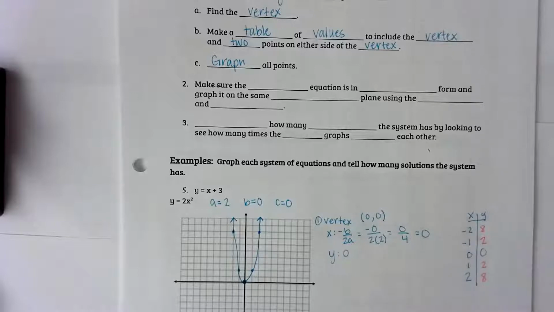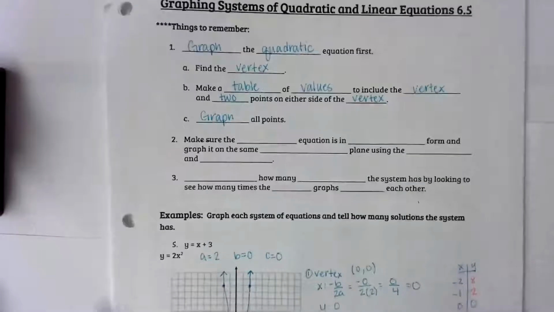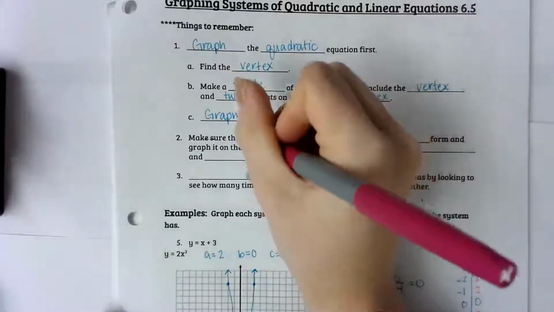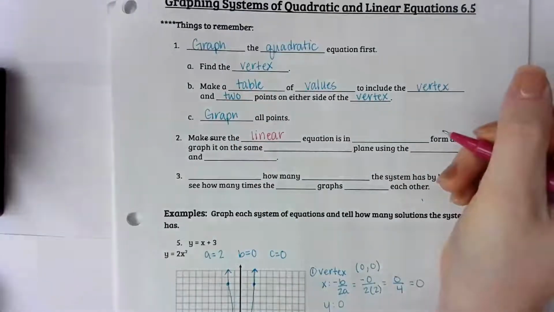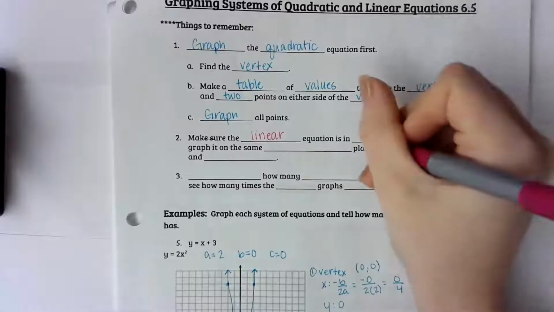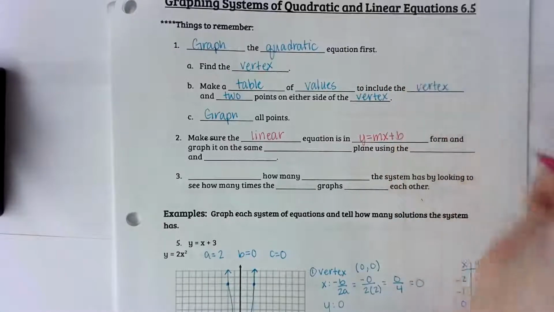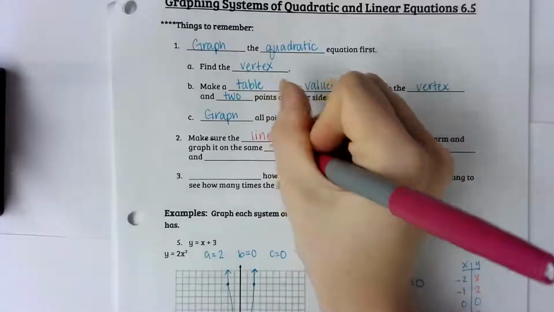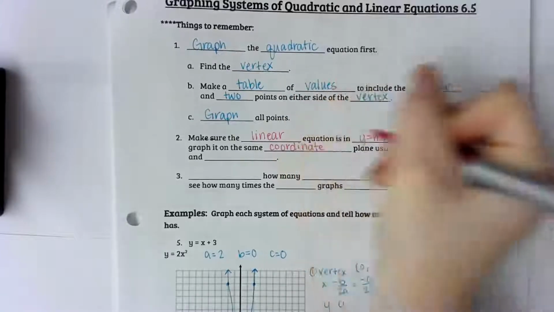So nothing different from what we've already been doing. Then we want to make sure that your linear equation is in our y equals mx plus b form and graph it on the same coordinate plane.